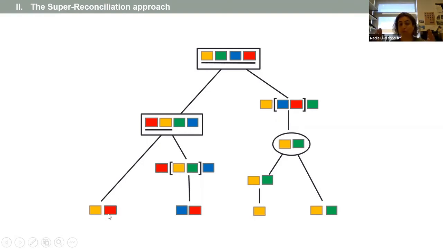For the unordered version of the problem, we don't ask for consistency of the gene orders here, and we will infer, for example, here you see from this ancestral segment, this segment has been duplicated completely, and then you see I don't care about the orientation here, the order here. So the order is different.